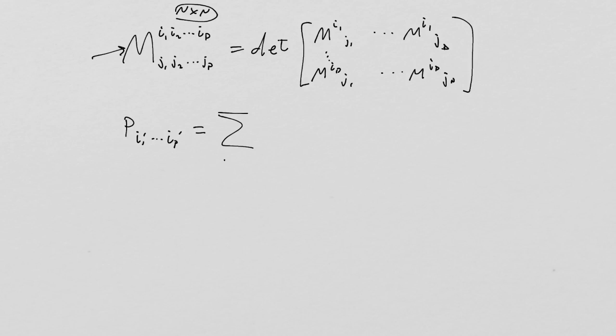We did this with the sum over I1 less than dot dot dot to IP, where I1 through IP are these increasing indices, and then it's P I1 dot dot dot IP, and then we have our covariant transformation matrix, and that's where we throw down I1 prime dot dot dot IP prime I1 dot dot dot IP.